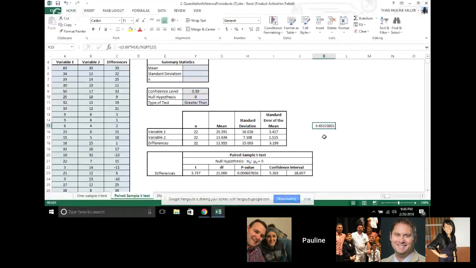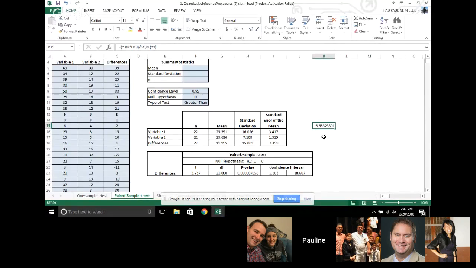Yes, that's the confidence interval when we know what the sigma is. But on the paired sample t-test, we don't know what the sigma is, what the standard deviation is. So what is the formula?